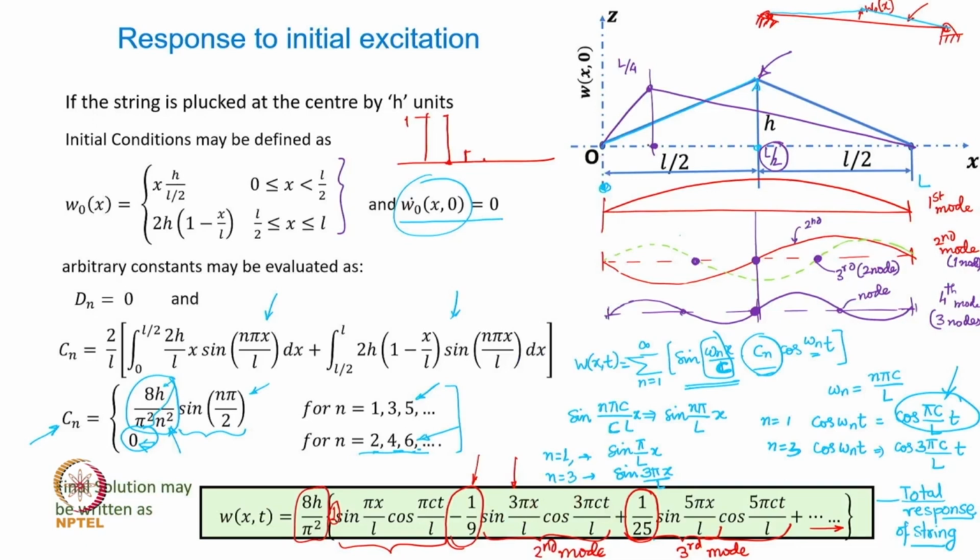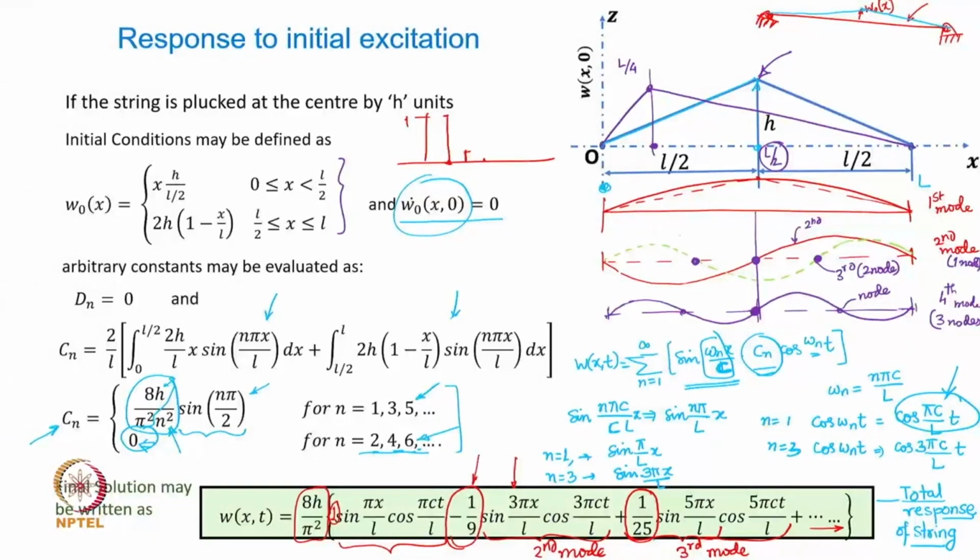And that is because the initial displacement that you have given is such that it is matching to certain extent the first mode, more or less. It's not exactly a half sine wave, but it is reasonably close to the first mode, okay.